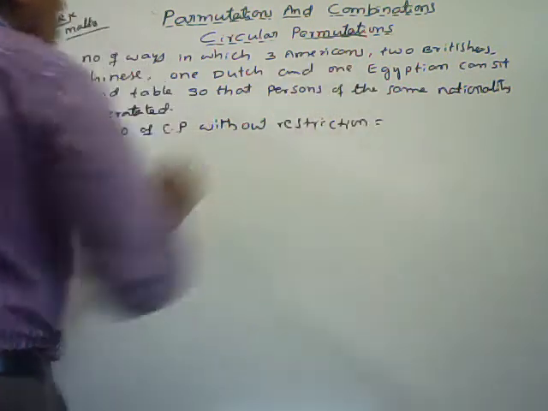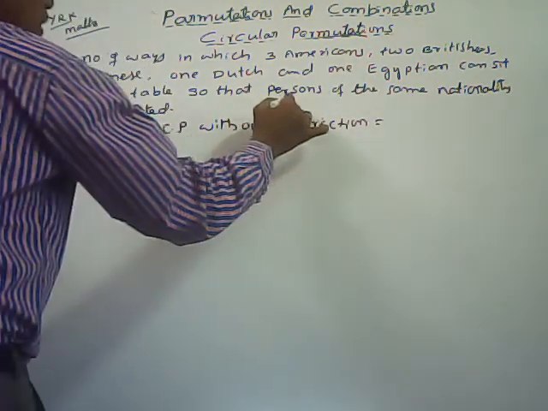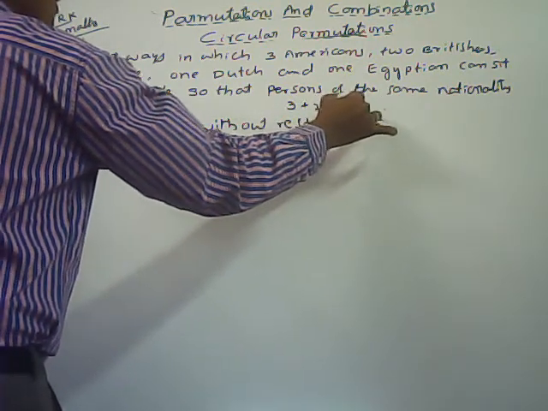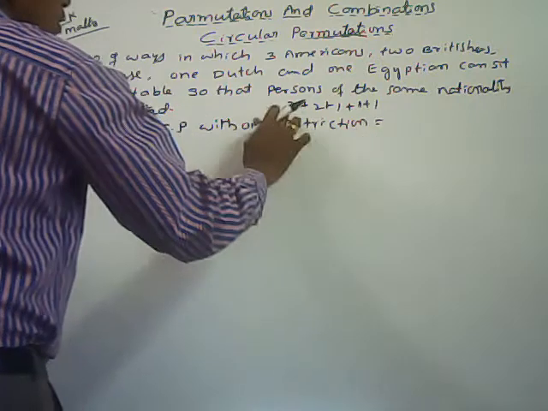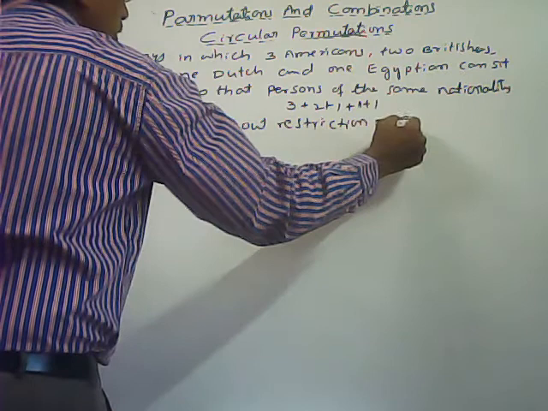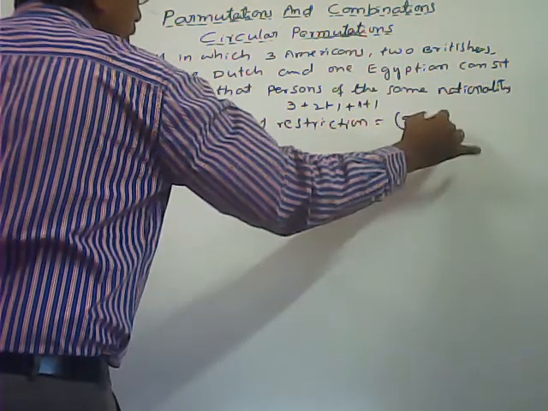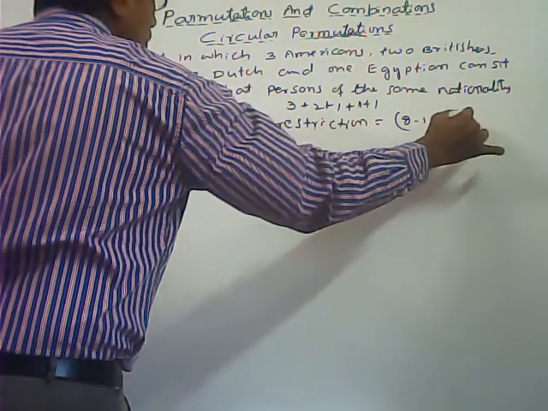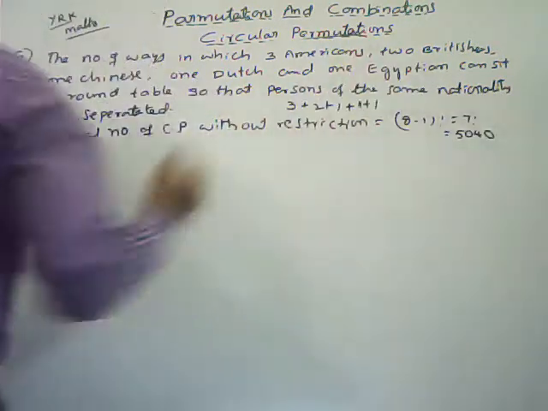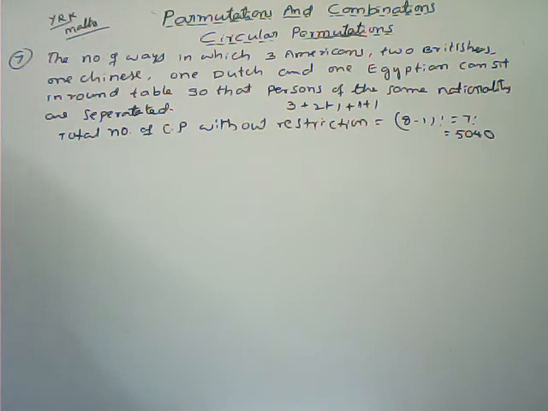That is equal to, total how many are there? 3 Americans are there, 2 Britishers are there, 1 Chinese, 1 Dutch and 1 Egyptian. 3 plus 2, 5, 6, 7, 8 are there. In a circular table we can arrange them in 8 minus 1, 7 factorial ways. 7 factorial, that is equal to 5040.